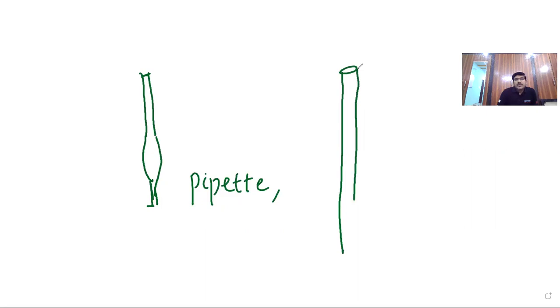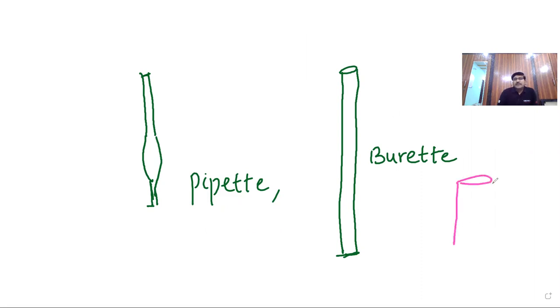This is a big tube. Burette. You can also make use of a graduated cylinder.